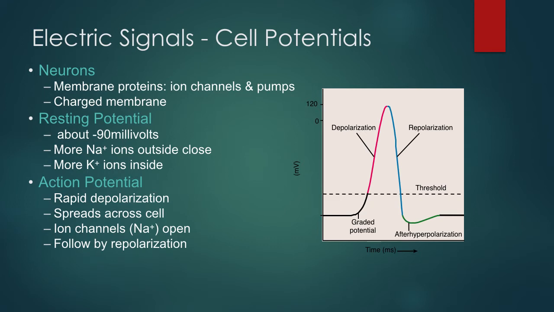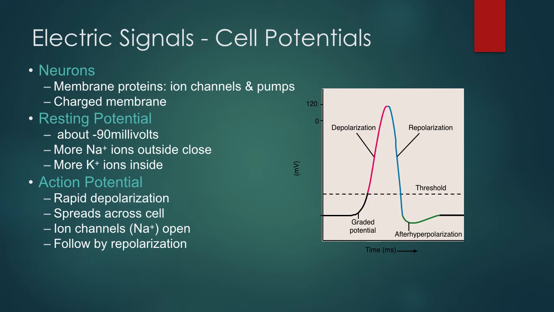So cells have this potential and they can rapidly change the potential of their charge so that for a brief moment of time, they go from being negative to being zero and then slightly positive. And this can spread across the surface of the cell due to the opening of ion channels for sodium. Okay, this is very brief.